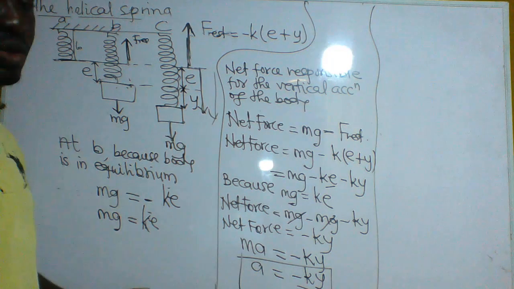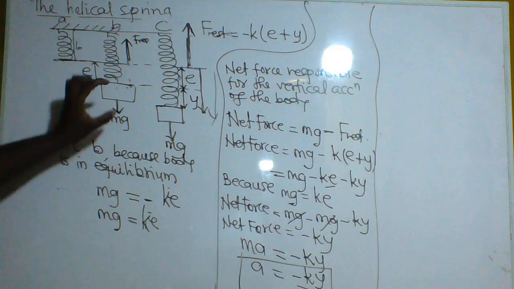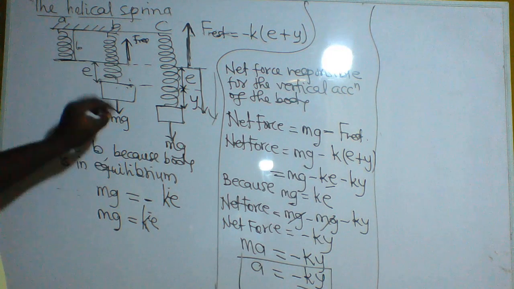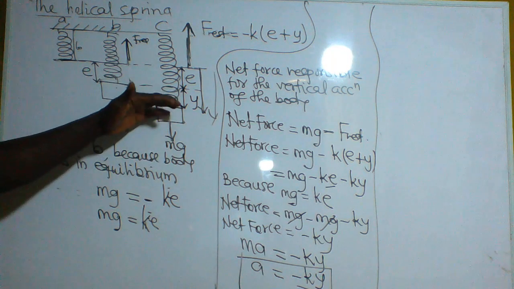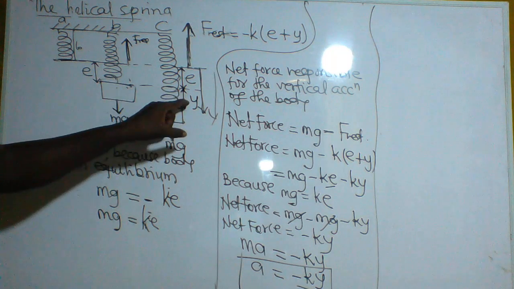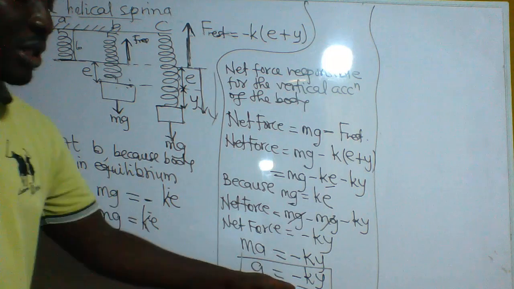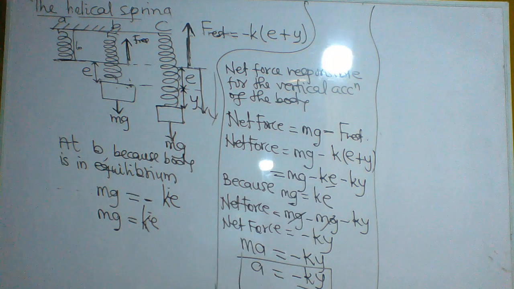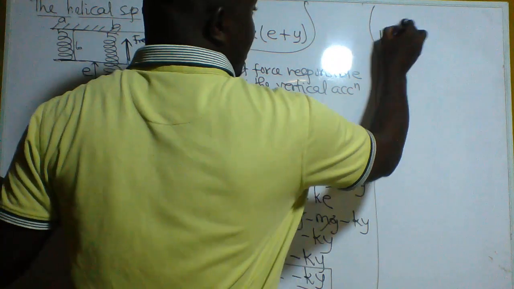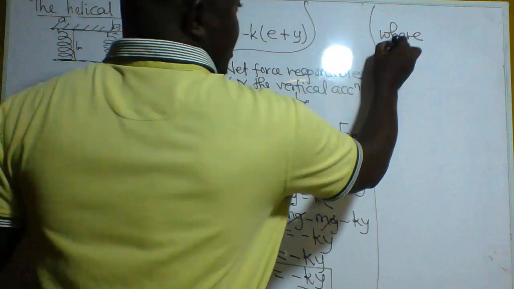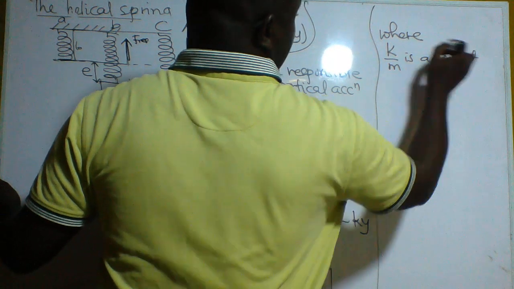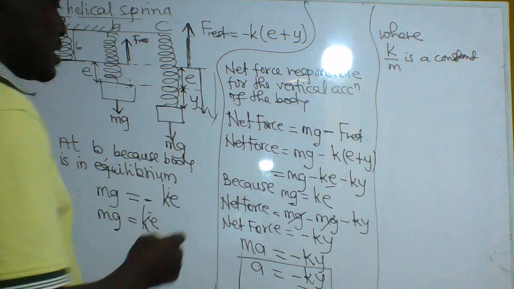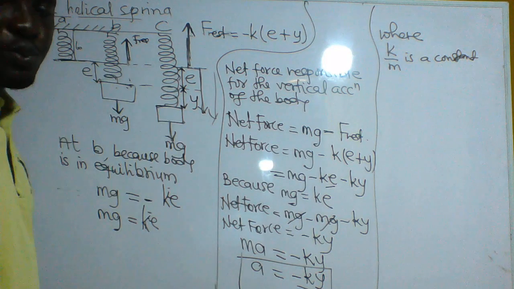So what I'm trying to say is that no matter how you look at it, by considering a natural extension of the spring by the weight attached to it, or by displacing the weight by an extent y and leaving it to oscillate, it will still give you the same relation for the acceleration of the helical spring, where k on m is a constant. k is the spring constant. m is the mass of the load and the spring attached.